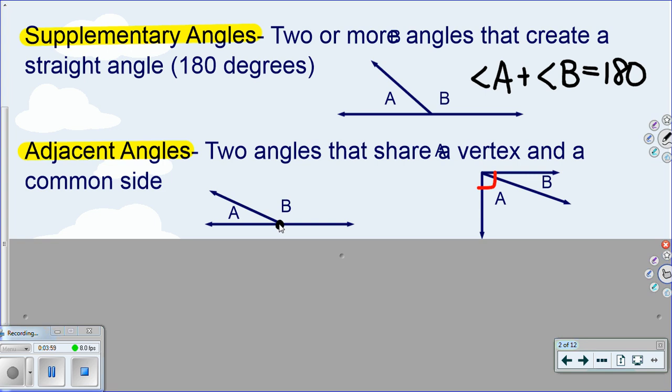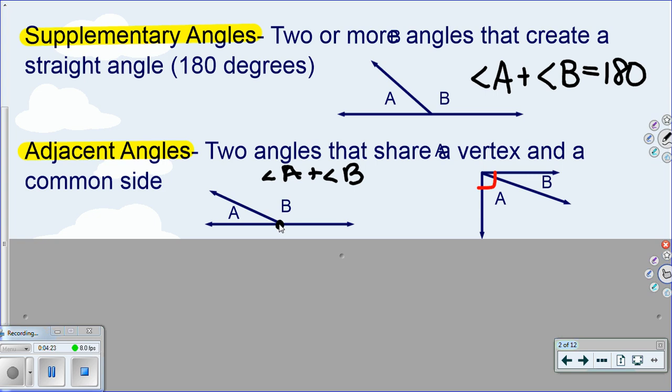In this example right here, angle A and angle B are adjacent, but what else are they? Is it 2 or more, just 2? Just 2, because they have to share a common side. Adjacent is just 2.